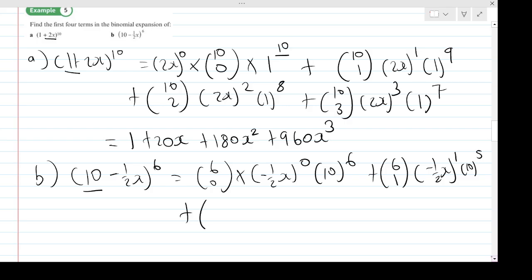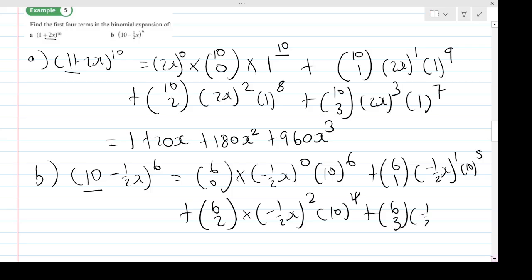Then the next term would be 6 choose 2 times the minus a half x to the power 2, then the corresponding 10 would have a power of 4. Then this next term, 6 choose 3, then the minus a half x would be a power 3, then the 10 would have a power 3, and that's 4 terms there.